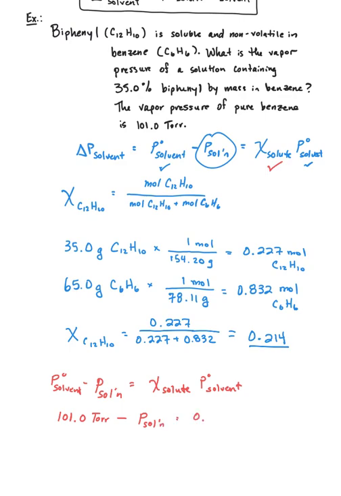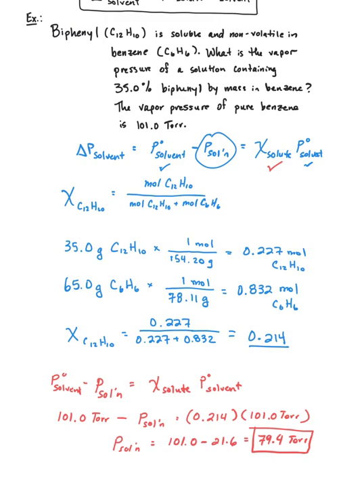The mole fraction that we've calculated is 0.214, and the vapor pressure of our pure solvent, once again, is 101. Solve this equation for just the vapor pressure of our solution, and we end up with 101 minus 21.6 for a total of 79.4 torr. This is the new vapor pressure of our solvent benzene in solution.